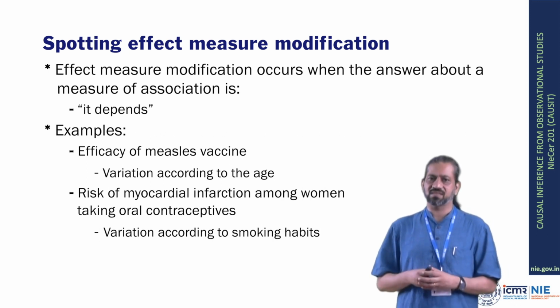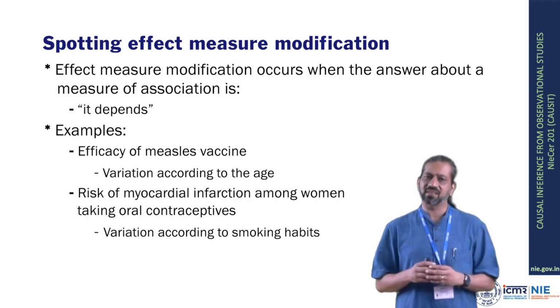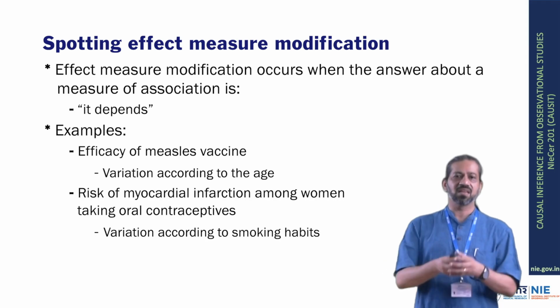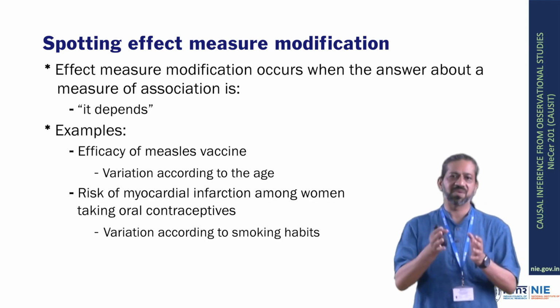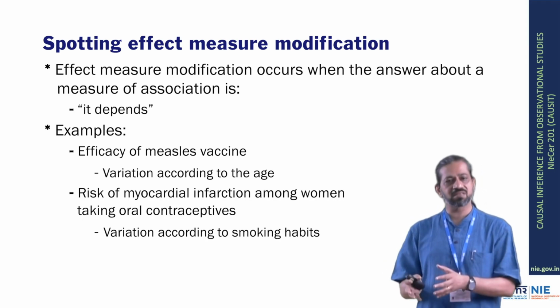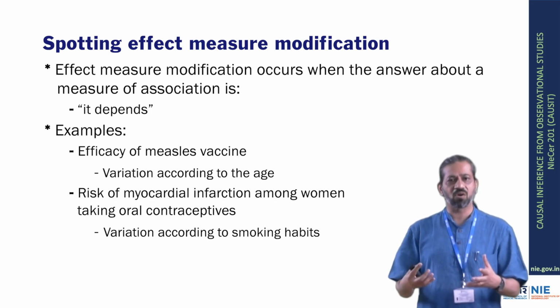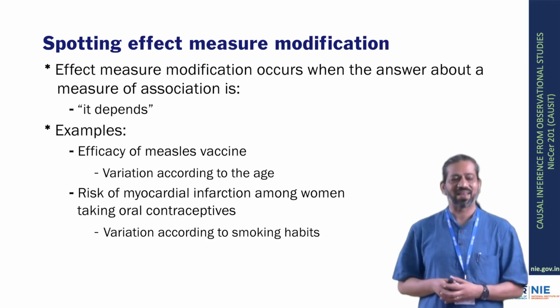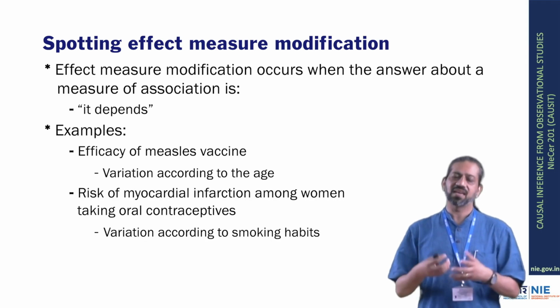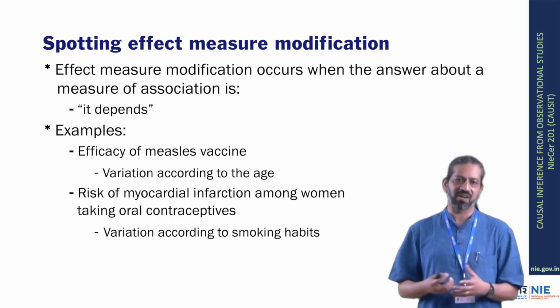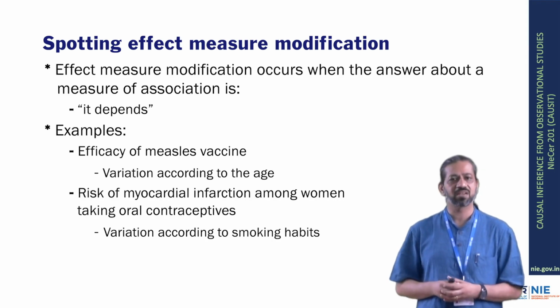The efficacy is higher in a certain age group and lower in another age group. And hence, the effect of the measles vaccine on preventing measles depends on the age of the vaccine recipient. And hence, age would then be called an effect measure modifier, or an effect modifier in short.